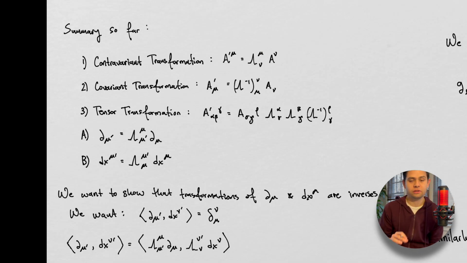But let's go over a summary really quick. In the past 2 or so videos, we've talked about contravariant transformations, which look like this, covariant transformations, which look like this, and then tensor transformations, which look like this.